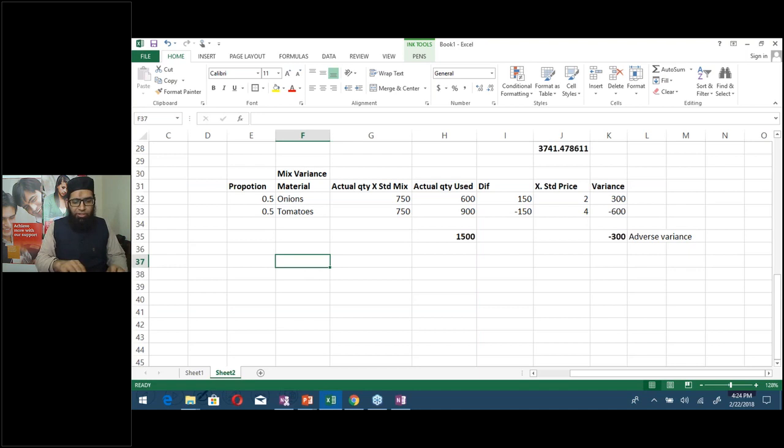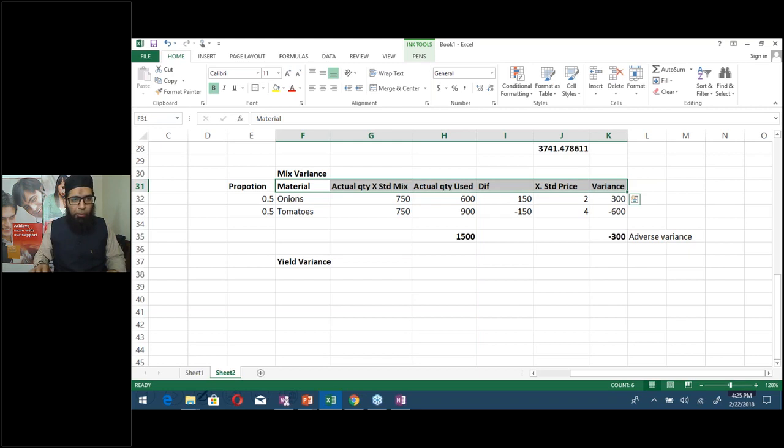Now, let's also discuss yield variance. Let's learn some key techniques so that we can speed it up. So I will simply copy and paste it.